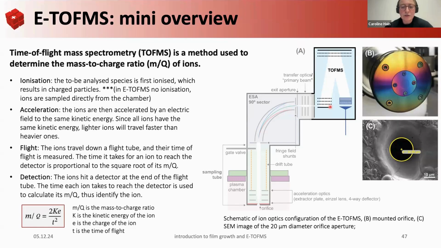Once they're at that energy, the species that are lighter will travel faster than the heavier ones. Then we measure the time of flight. The time it takes them to reach the detector is proportional to the square root of the mass over charge of that species. With that, we can gather the entire mass spectrum during a single measurement.